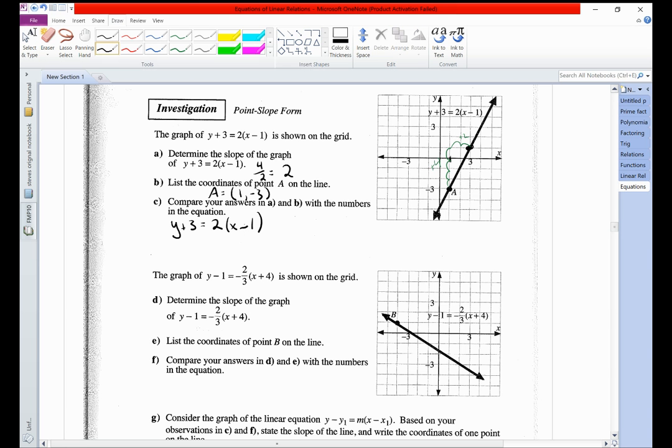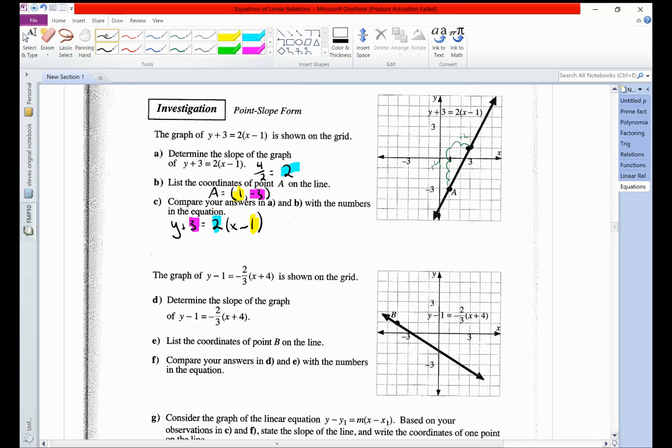The slope was 2, and that value is 2. The x value of point A was 1, and we have a 1 here. The y value was negative 3, and we have a positive 3 here.